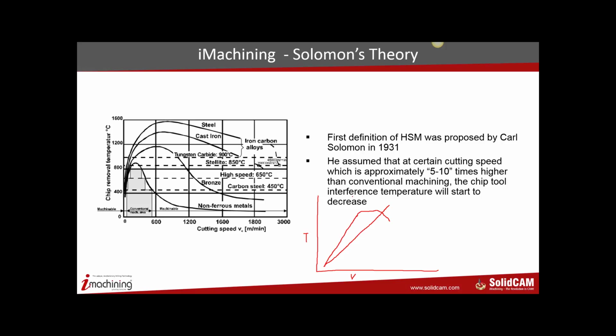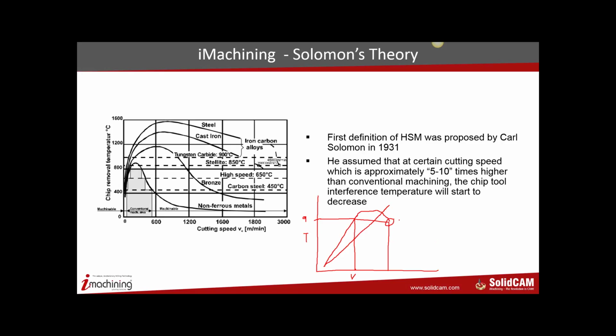So let's assume the temperature is about 900 here. At 900, we have a certain VC. For the same 900, here we have a VC that is 5 or 7 times higher than that conventional VC. And this is the zone where iMachining is situated at the moment.